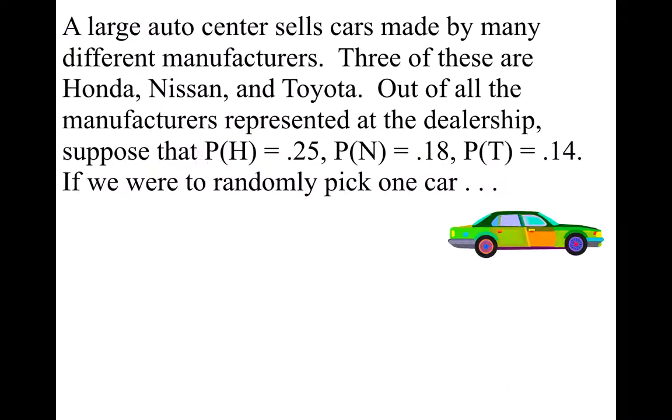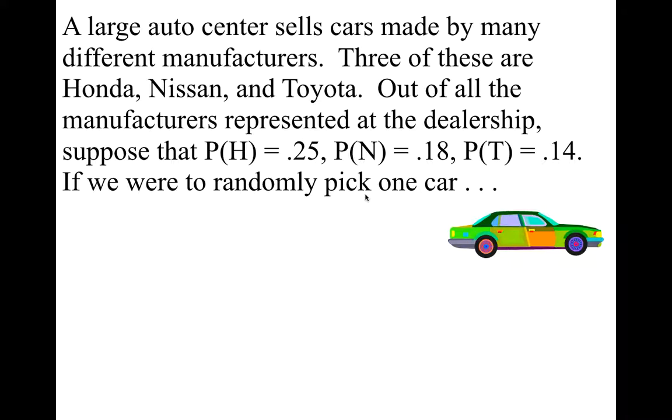Just a quick review. Here's another one that deals with cars before I move on to reviewing the multiplication rule. This is another addition rule problem. A large auto center sells cars made by many different manufacturers. Three of these are Honda, Nissan, and Toyota.